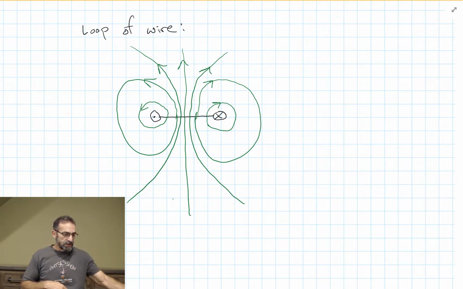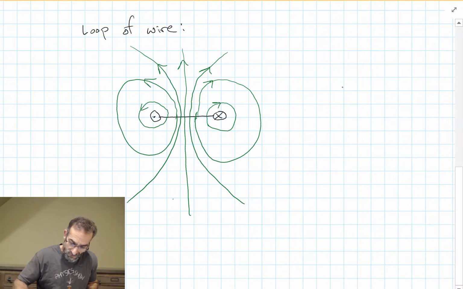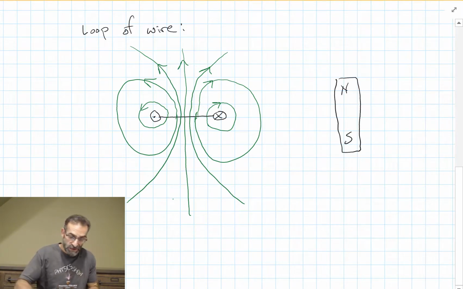Now, what does that look like? If you remember, our permanent magnets have a magnetic field that looks very similar to this.